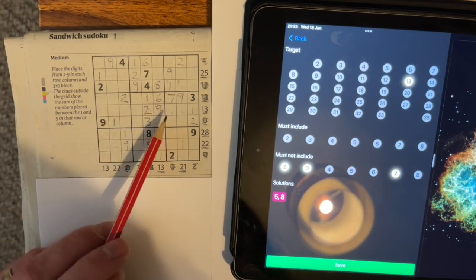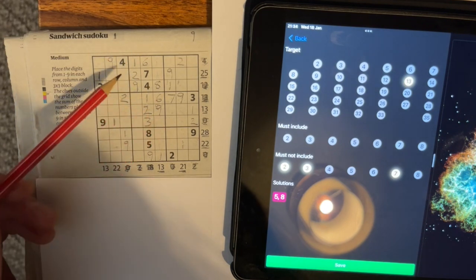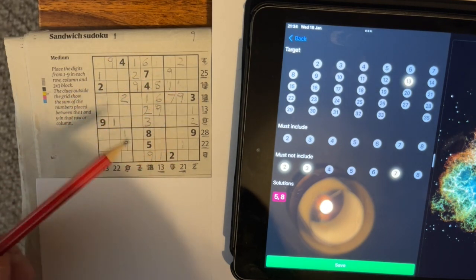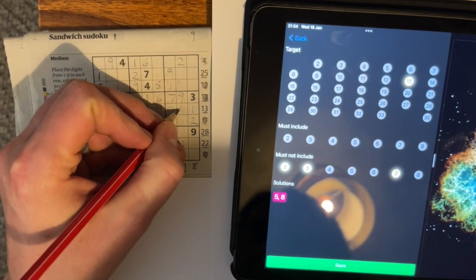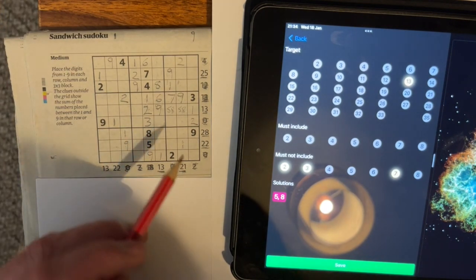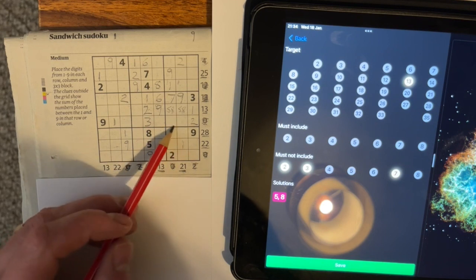And again, that doesn't immediately help us because we don't know which one's which. But I'm just going to pencil it in and just say it's a 5 and an 8. Because that will at least help us figure out what's here.